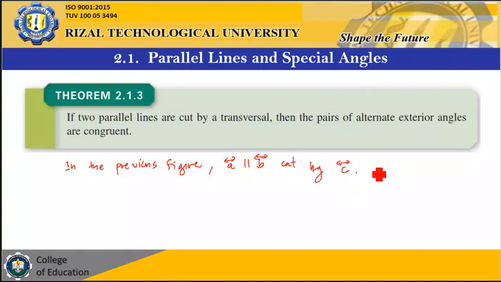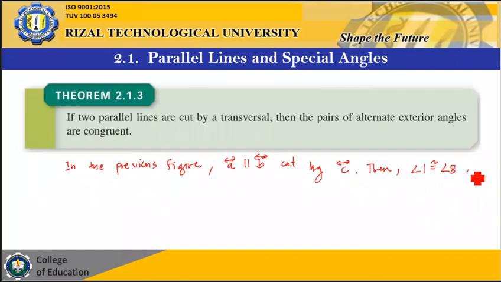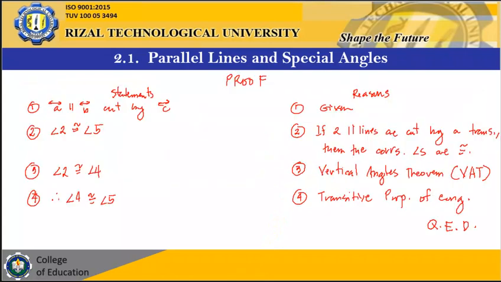Then angle 1 is congruent to angle 8, which are alternate exterior angles, as well as angle 2 is congruent to angle 7. That's it. So if you want to try to prove this one, just follow this pattern and just replace the angles.